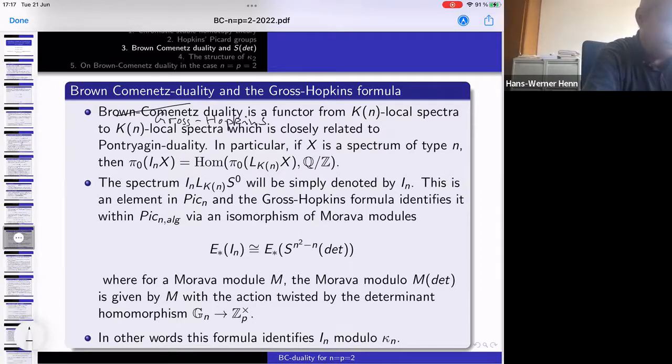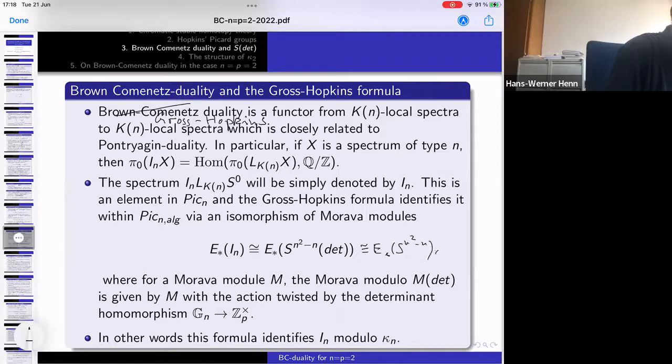And so that actually is given, if you want, by E star of S^{n^2} tensor C2 twisted by the determinant. I mean, so this homomorphism lands in the p-adics, I should say.